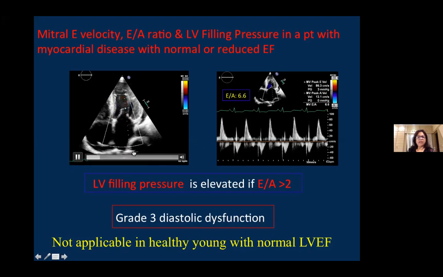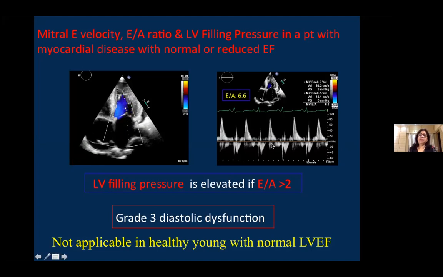This pattern I am getting in a patient where there is a myocardial disease, which is cardiac amyloidosis. But you may get it in a normal young individual with a normal healthy heart, where you get a very tall E and a small a. This is because in a young heart, relaxation is very, very active.